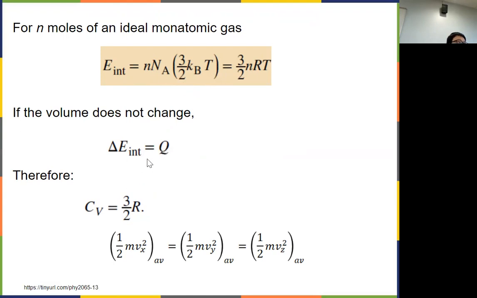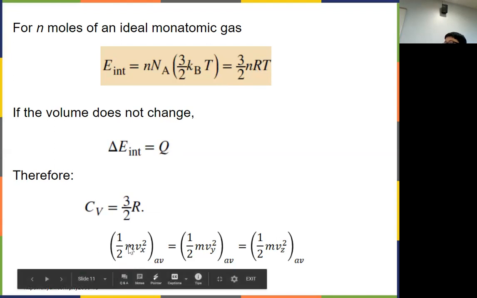So the heat change should be equal to 3/2 of nR times delta T. Then CV equals 3/2 of R. And that corresponds to the motion of the gas molecules in the X, Y, and Z directions. Each component adds up to 1/2 of R.